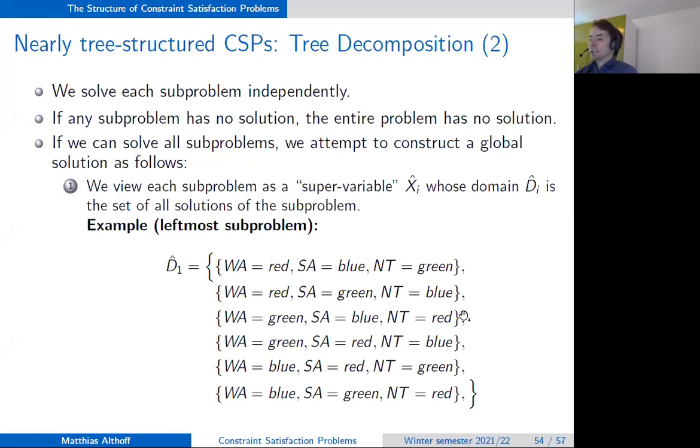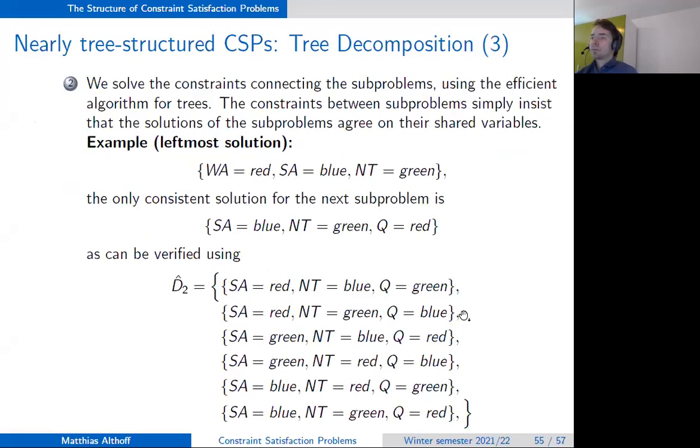Okay, so this is the first step. And then we need to find solutions that are shared with the neighbors. So if we look, for instance, at a possible solution for this leftmost node: Western Australia is red, South Australia is blue, and Northern Territory is green. And now you look at all possible solutions of the next super node, which consists of these solutions.